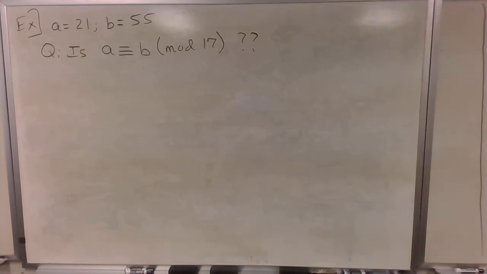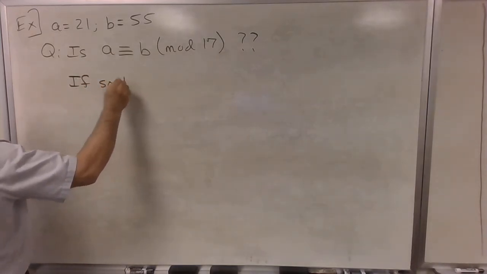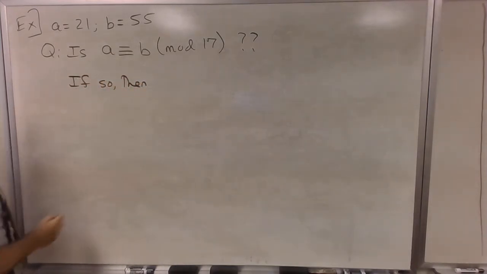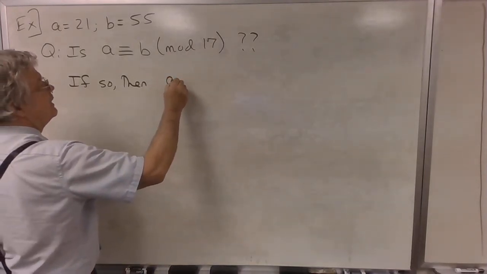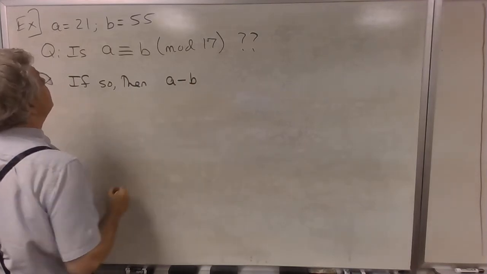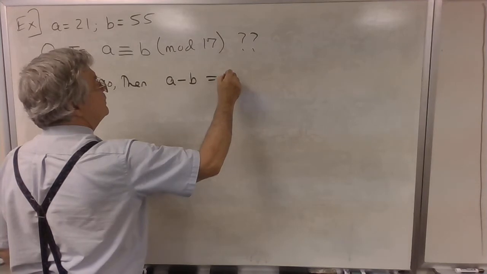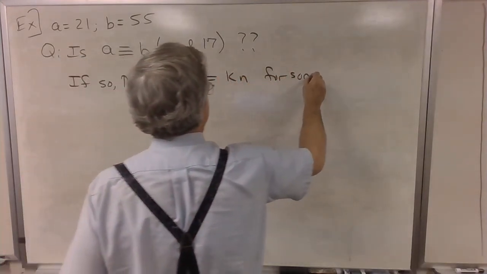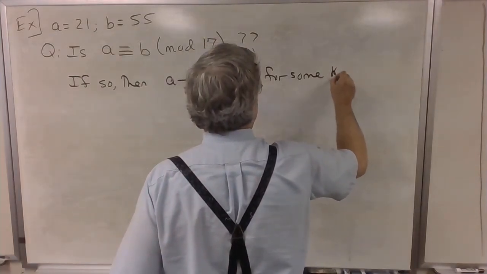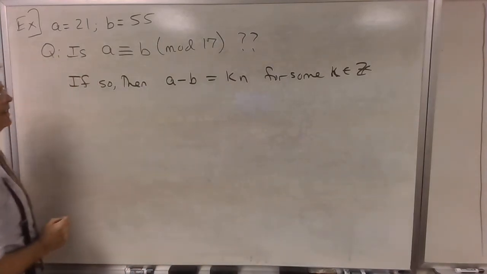Let's see. If they are, then our definition says that A minus B is equal to kn for some integer k.